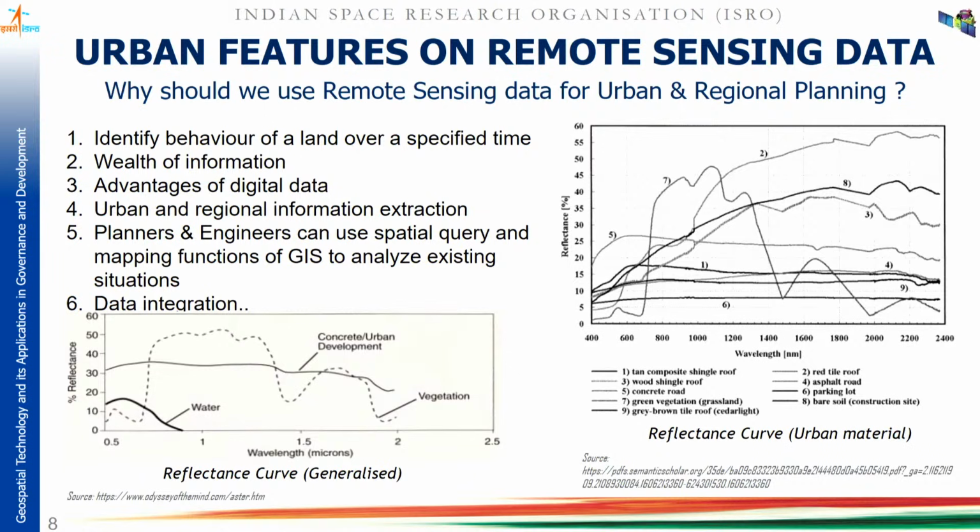So these kinds of spatial queries are very good if you want to find the nearest hospital, or maybe you are interested in finding the nearest petrol pump as you are getting in the mobile apps. So all these things can be done using remote sensing, and then developing this spatial database in a GIS software.